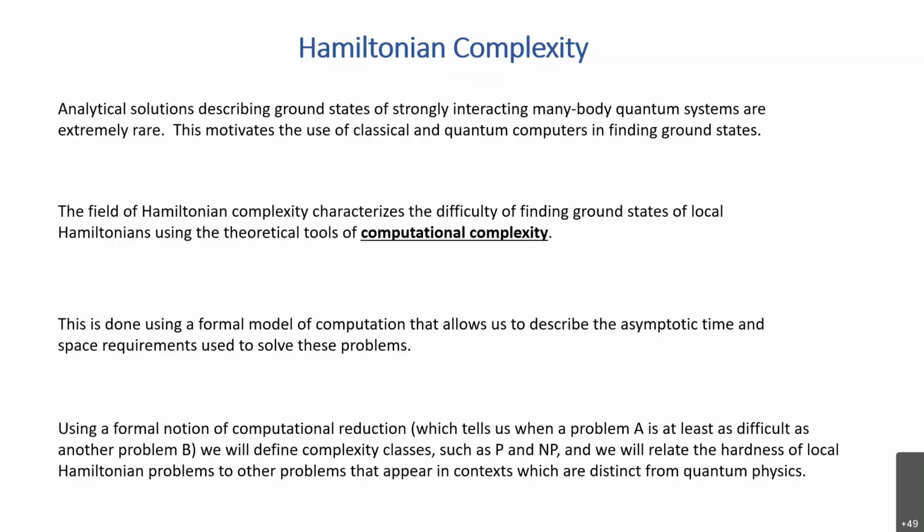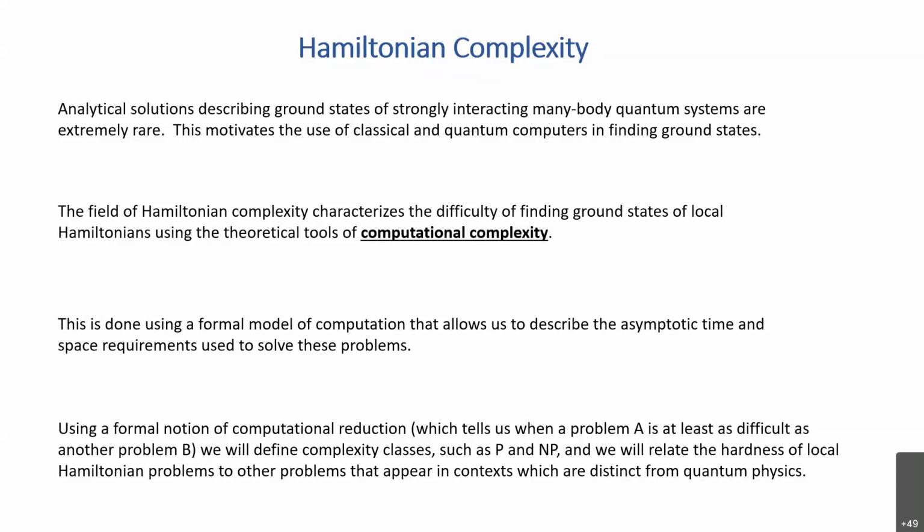And the field of Hamiltonian complexity is really about the difficulty of finding ground states using a computer, and we're going to characterize it with these theoretical tools from computational complexity.